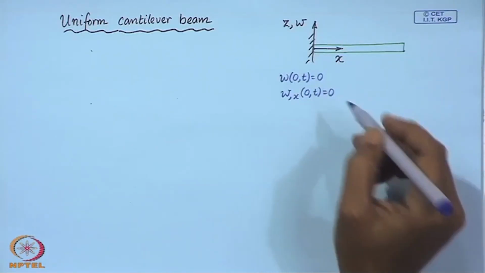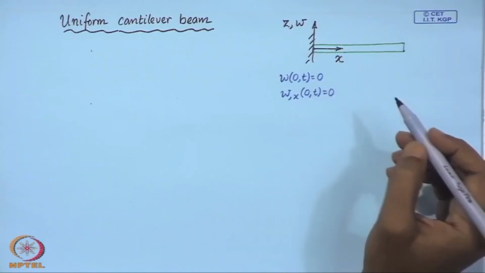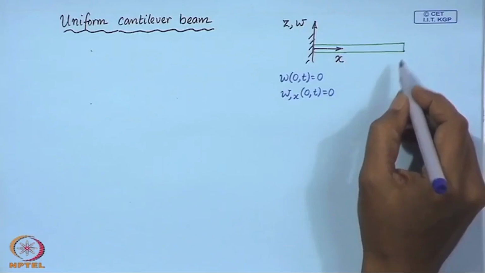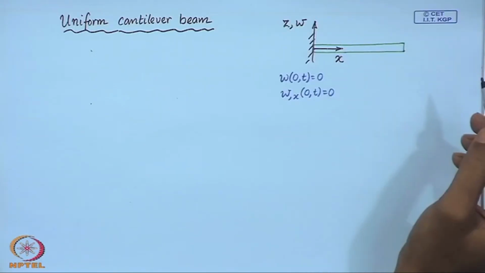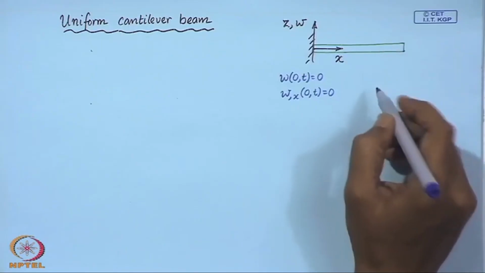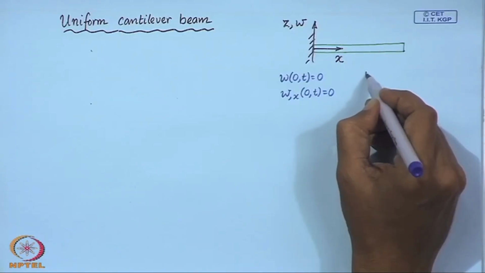So, both of them are geometric boundary conditions on this end. On the other end we have the bending moment and the shear force as 0.